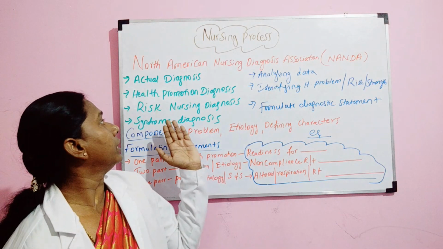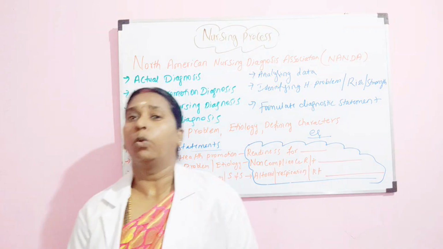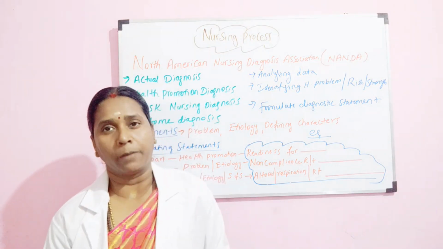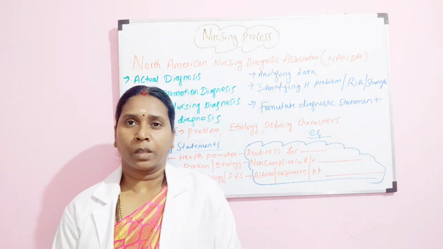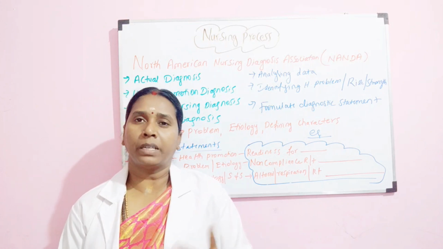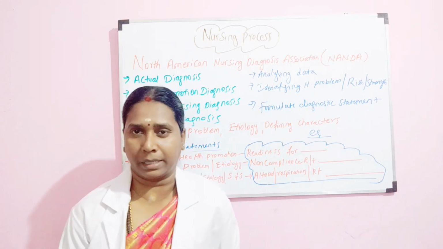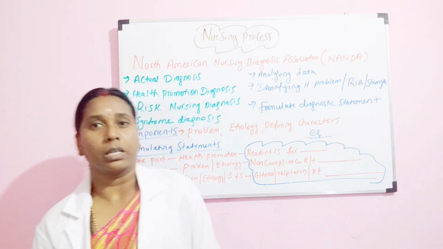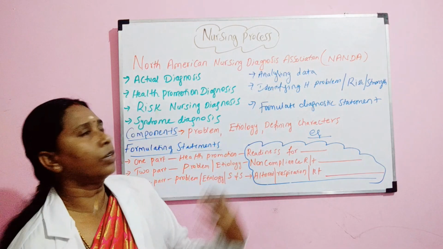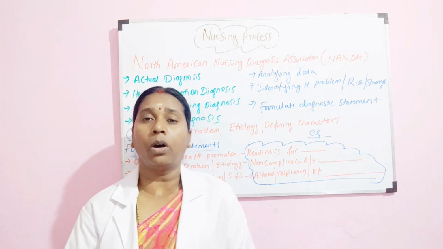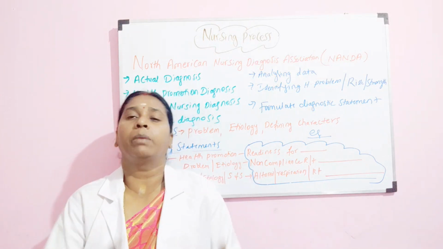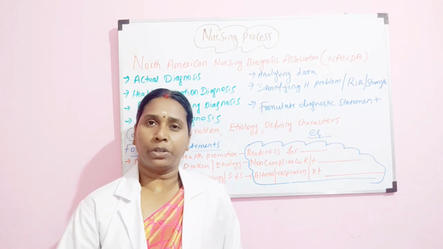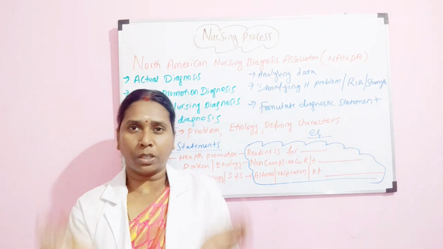And then comes the risk nursing diagnosis, what the patient is prone to. That is, risk for what? The patient can go in for sudden arrest, okay. So that you can write, that is coming as your risk diagnosis. And then comes your syndrome diagnosis, that is, all the complications together. Maybe he is having diabetes, hypertension, cardiovascular disease, everything together, okay.